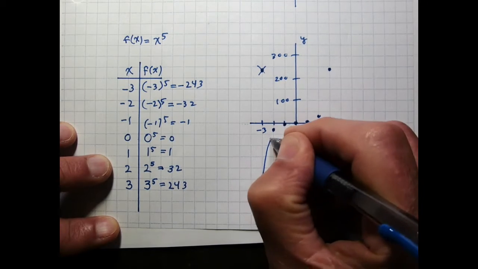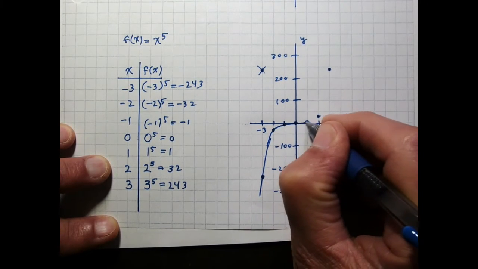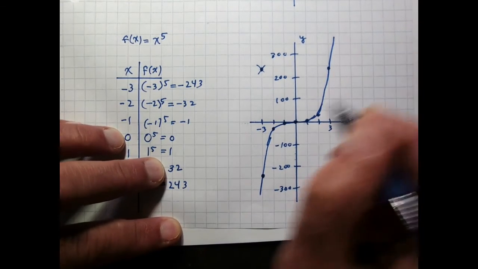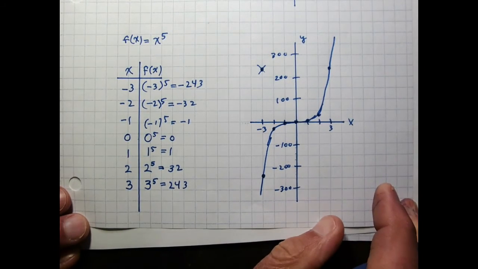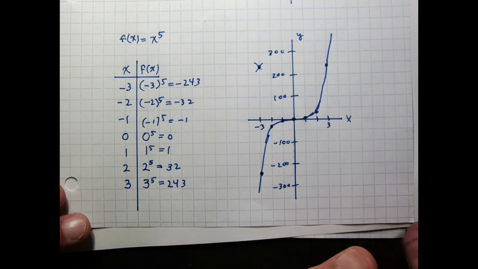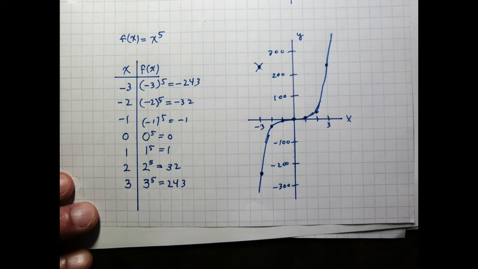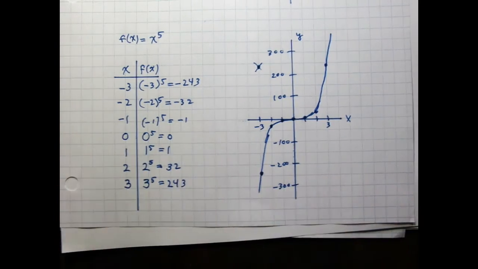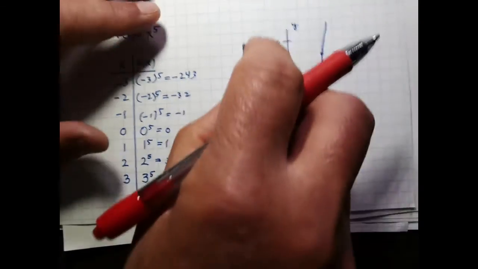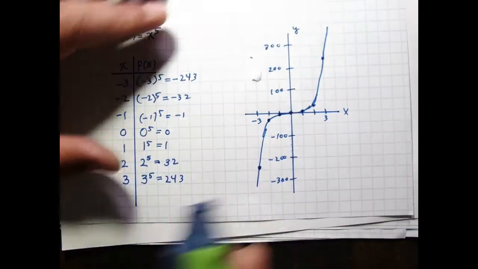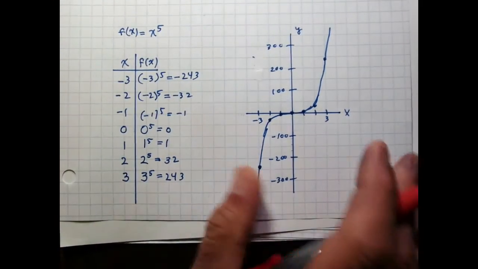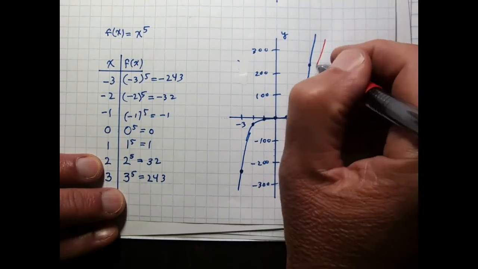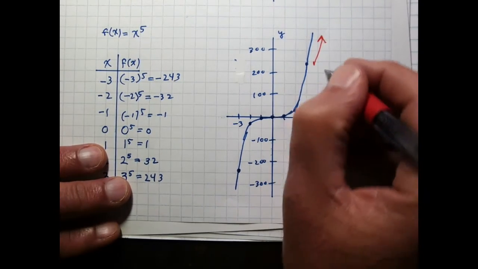So I get a very similar kind of shape to the shape I got for x cubed. But with x to the fifth, it's a little bit more flattened out. It's a little steeper as x approaches infinity and x approaches minus infinity. Let's get rid of my mistake here. There we go. And the end behavior is the same as the end behavior for x cubed, right?